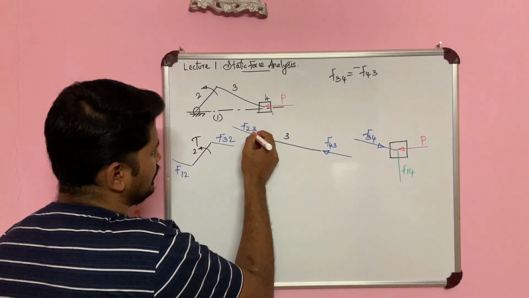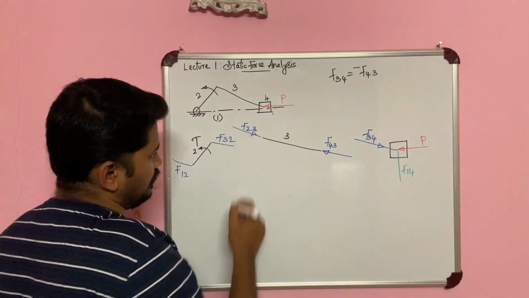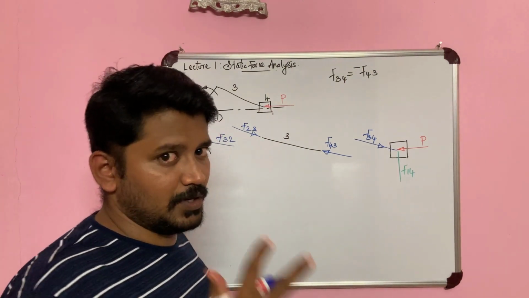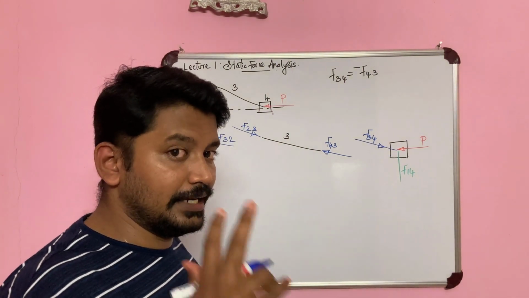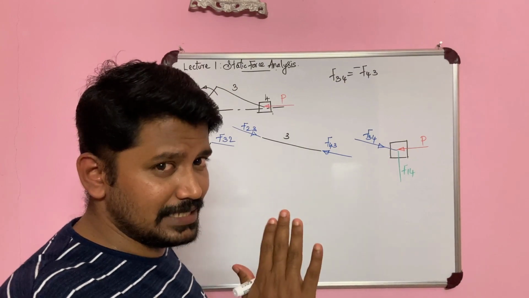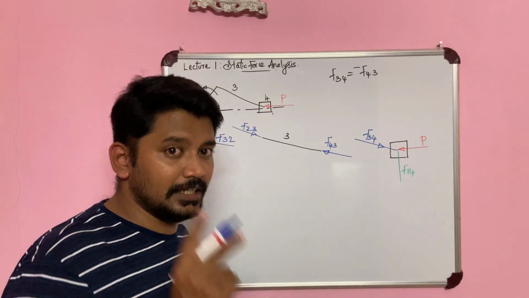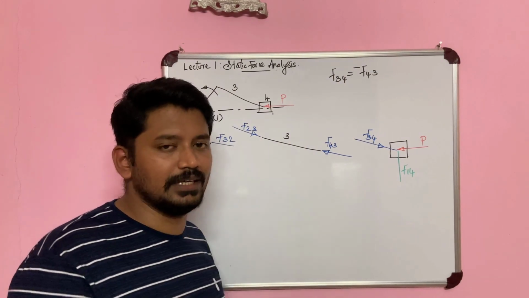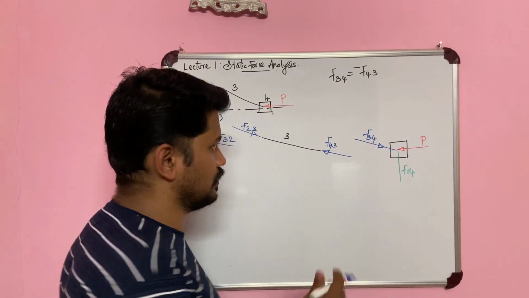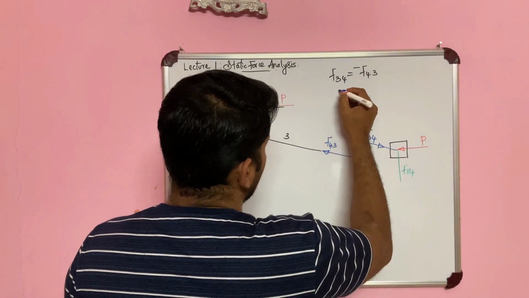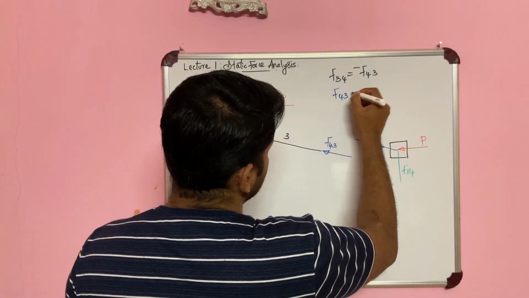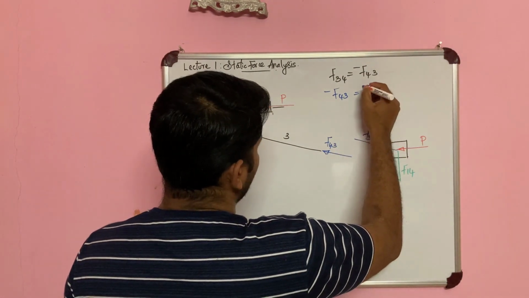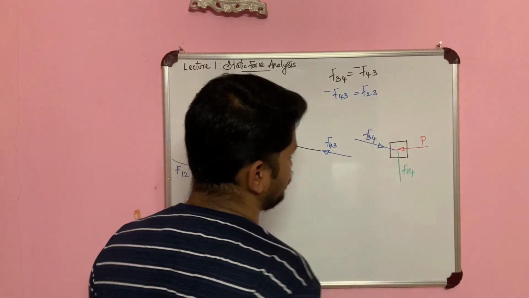Similarly, F23 also will be opposite to F43. Why? Because it is a two force member, and in a two force member, what did we discuss a little while earlier? Both the forces are collinear, equal in magnitude and opposite in direction. So minus of F43 is equal to F23.